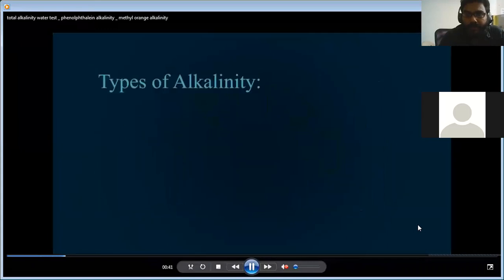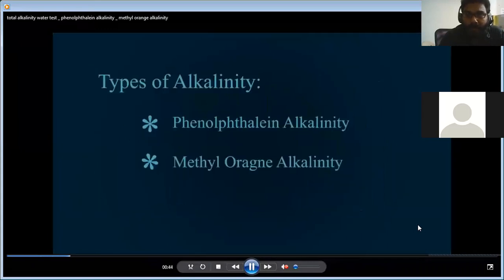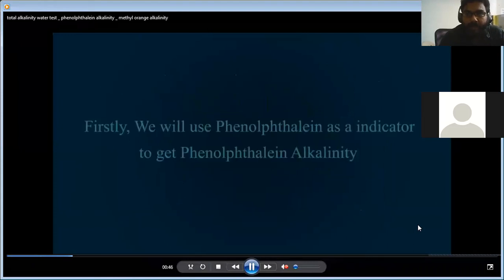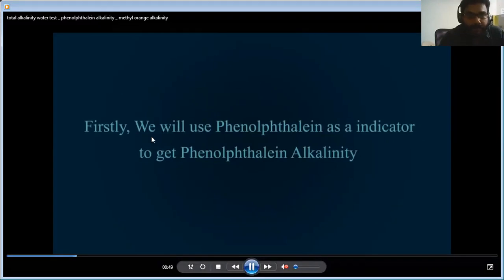We should use these apparatus to find out the alkalinity in water. Calculating the alkalinity of water is the important thing.